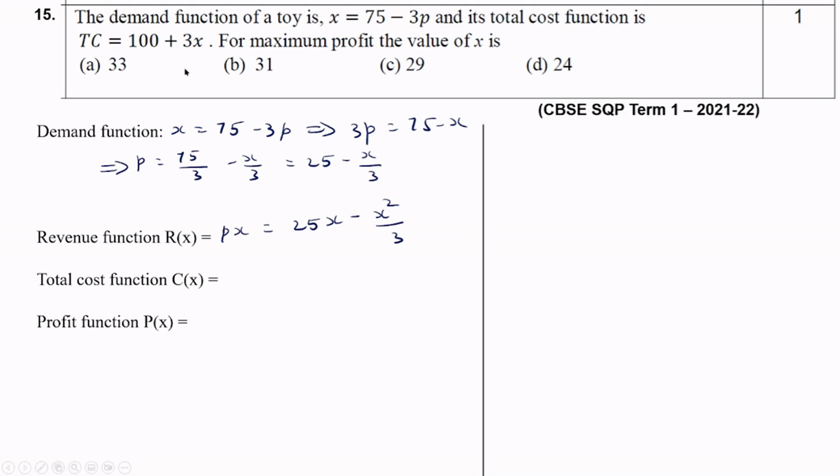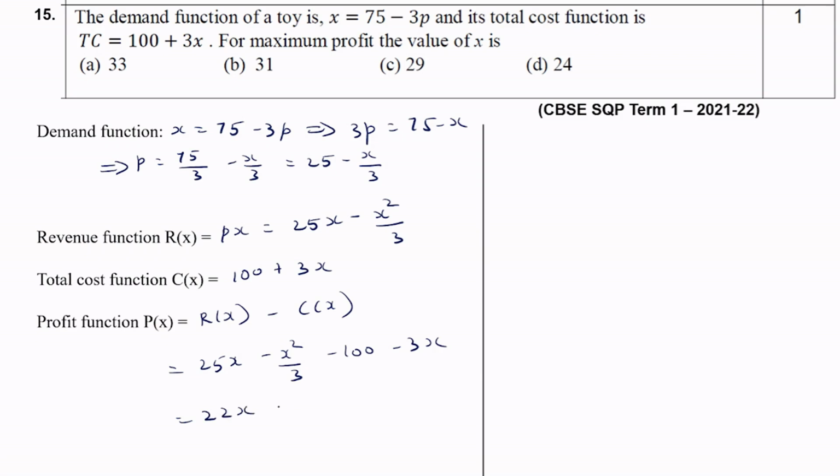The total cost function is given here directly, which is 100 plus 3x. The profit function P of x is given by R of x minus C of x. So it is 25x minus x square by 3 minus 100 minus 3x. So it is 22x minus x square by 3 minus 100. So this is the profit function.